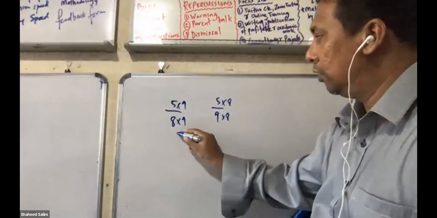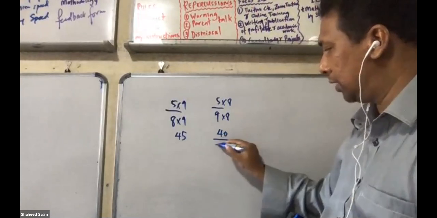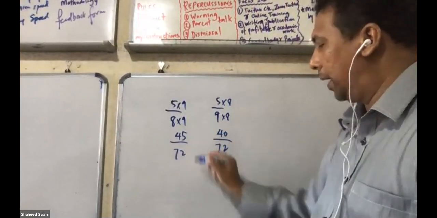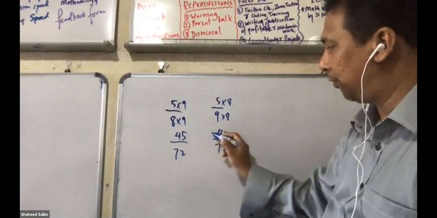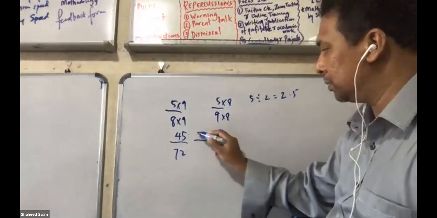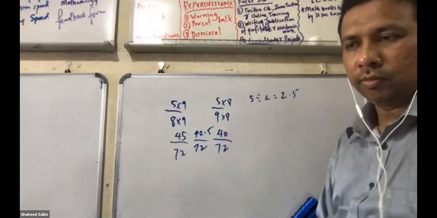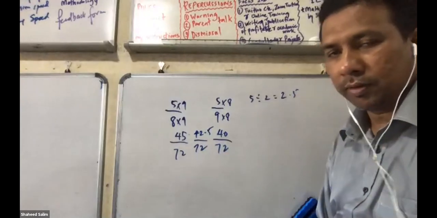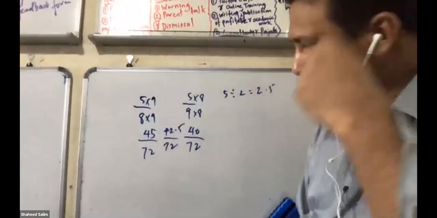So you get 45 and 40 over 72. But the difference is 5. 5 divided by 2 is 2.5. So the one in between is 42.5. Correct?